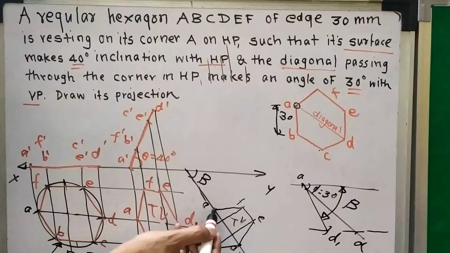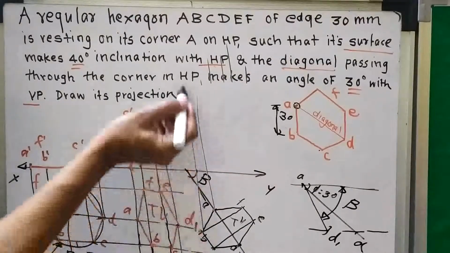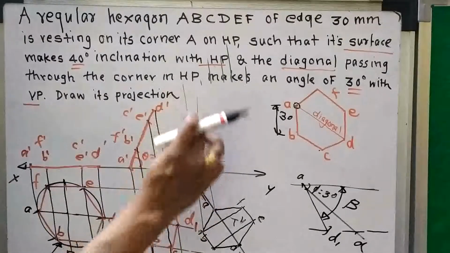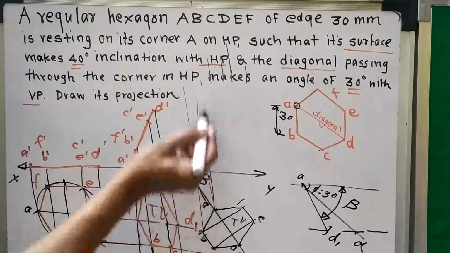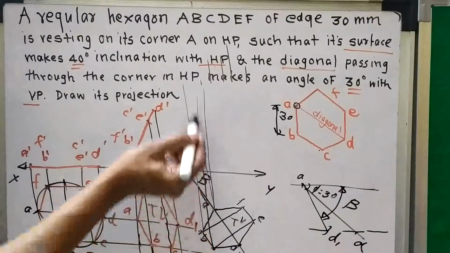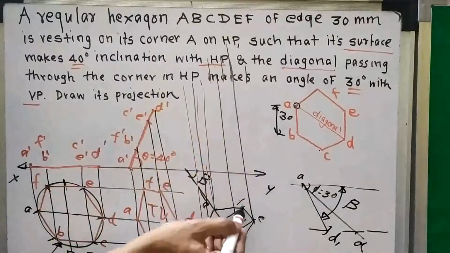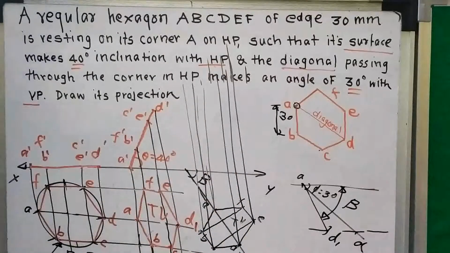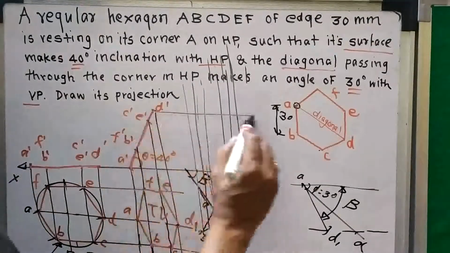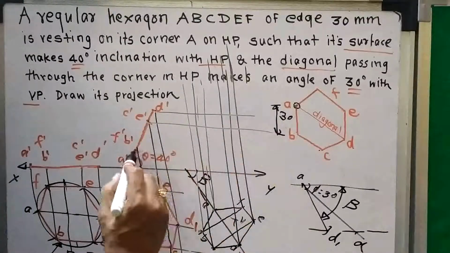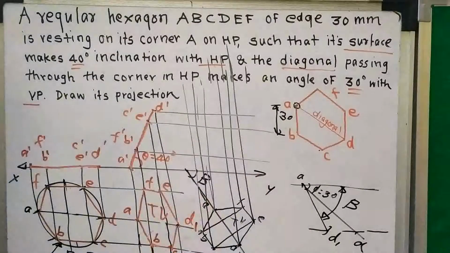So drop perpendicular lines from every point, perpendicular to XY, and then draw a horizontal line from every point and get the corresponding point.